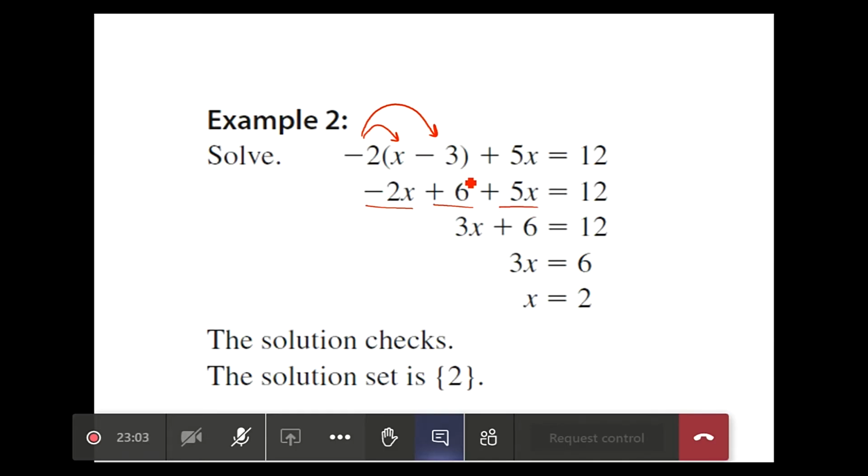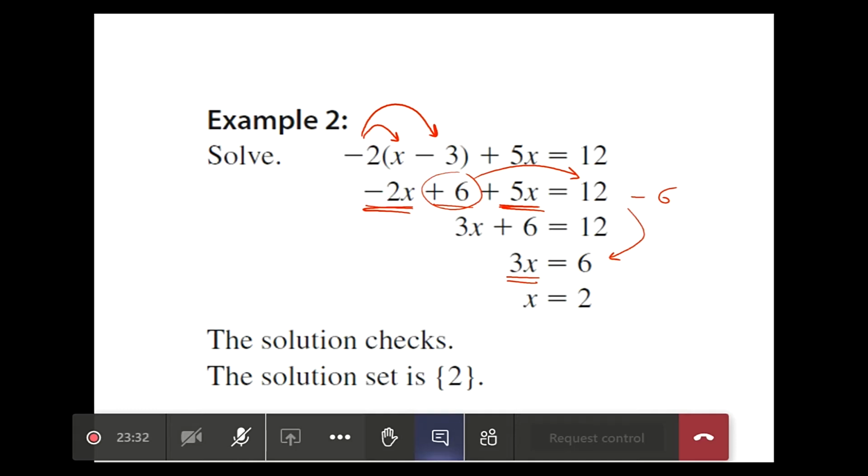We have 6 as only a number, so move it to the right hand side. And by summation, minus 2x plus 5x, we have 3x. After moving the 6 to the right hand side, we have negative 6. So 12 minus 6, we have 6.